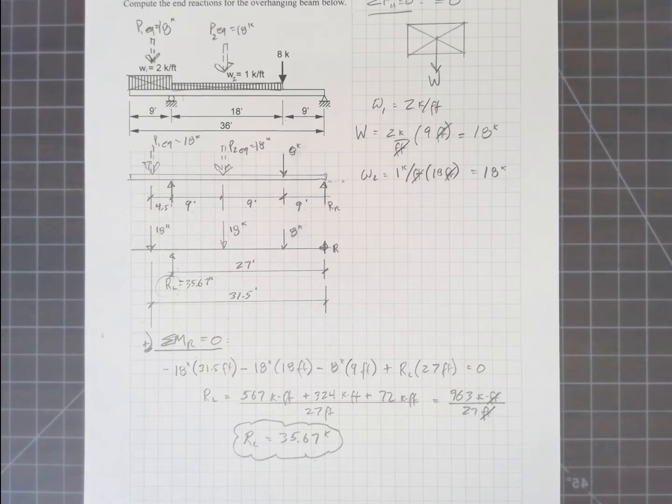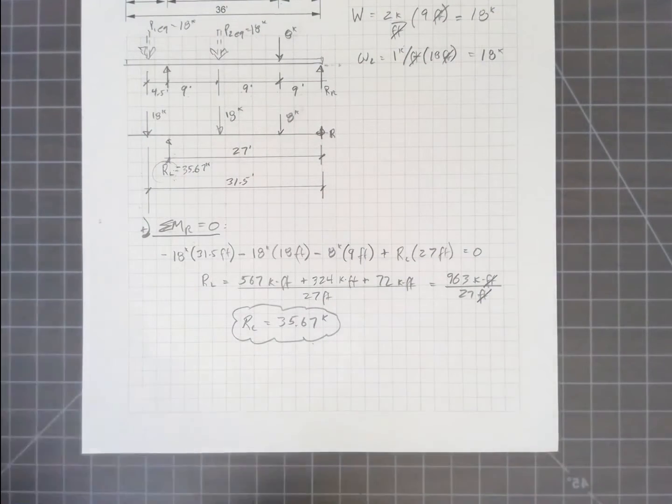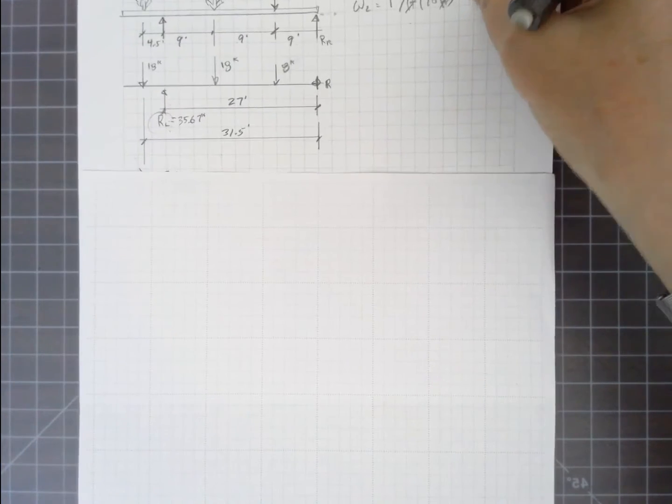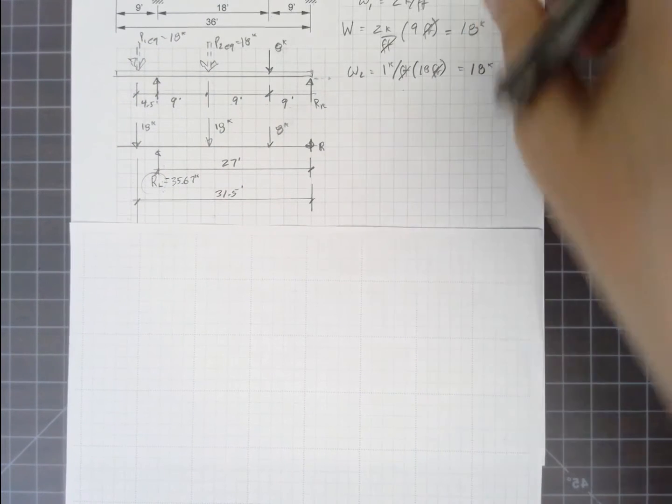That's one of the things that is unique about moment calculations in equilibrium. It always balances to 0. So let's look at that on the opposite side. Put that right there.